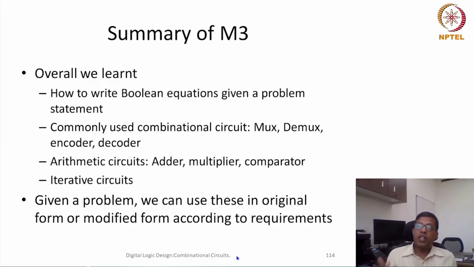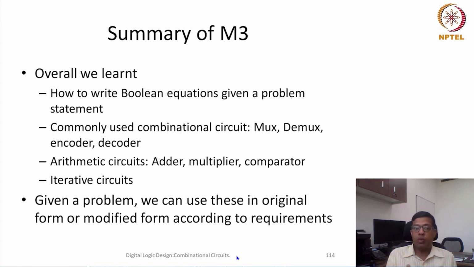So given a requirement, let's say we have identified that a multiplexer needs to be used, but the same multiplexer cannot be used because, let's say, the number of inputs is not 2 to the power n. Then we may modify or redesign that multiplexer, demultiplexer, or we can have a unique kind of adder. Because the whole module has not only focused on the application-oriented part, that we can use only these cells, but we can also design them.